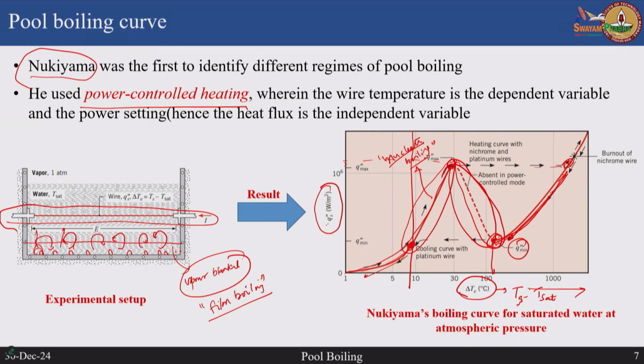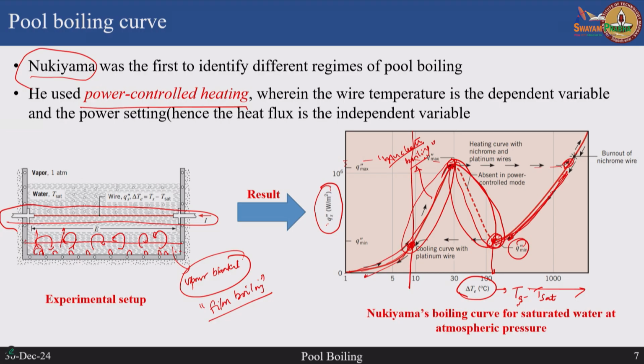Of course, you do not want to burn your nichrome wire to get a very high radiation heat transfer. What you are looking for is improving heat transfer in a more sensible manner by maintaining a nucleate boiling regime, and therefore in practical engineering applications you are always limited by the critical heat flux. You do not want to accidentally go beyond it.